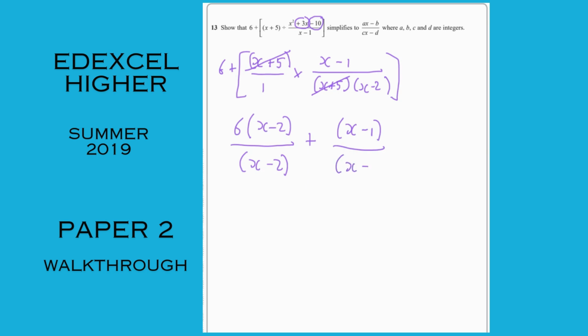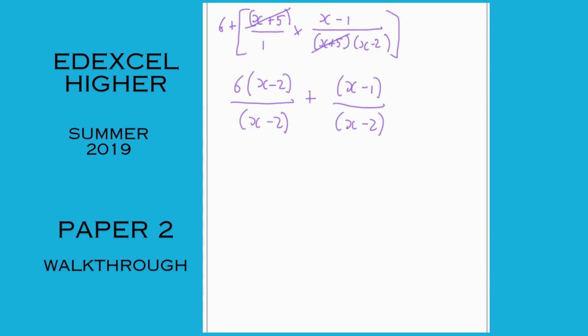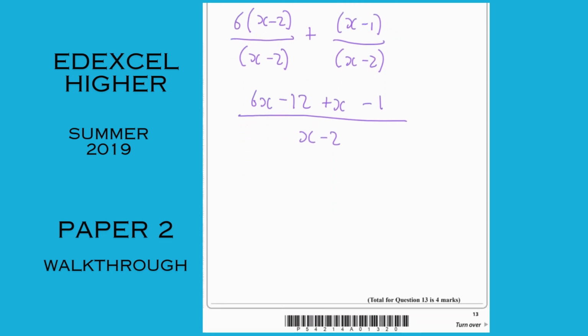Now that you've got them with the same denominator, you can just add the tops. So all over x minus 2. Expand, we've got 6x minus 12. There's a plus 1 here, so we can just ignore the brackets. There's a plus x and a minus 1. And we're there, we can just tidy up the top. Simplify.